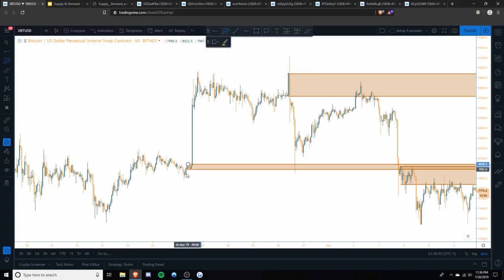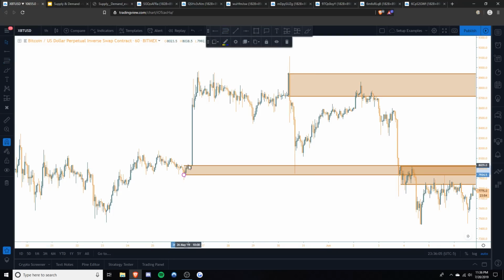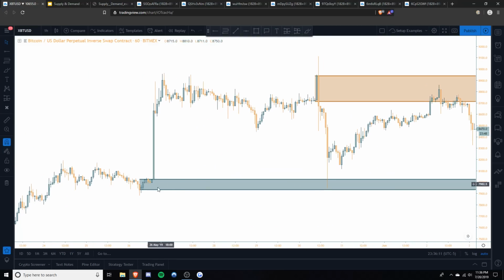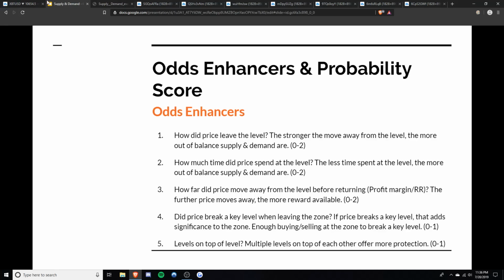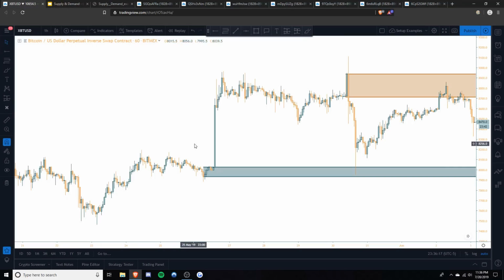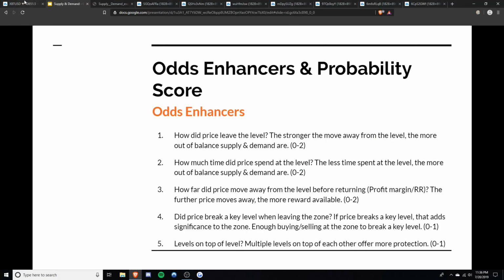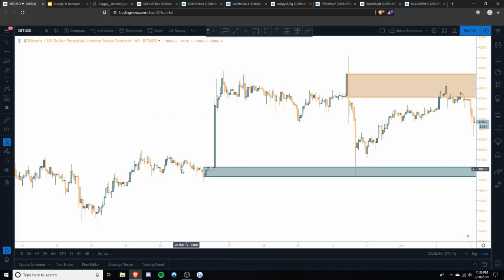Okay, so we have this demand zone, the origin of this strong impulse move to the upside. So how did price leave the level? Great. You had this huge impulse move, so that is a 2. How much time did price spend at the level? Quite a bit.